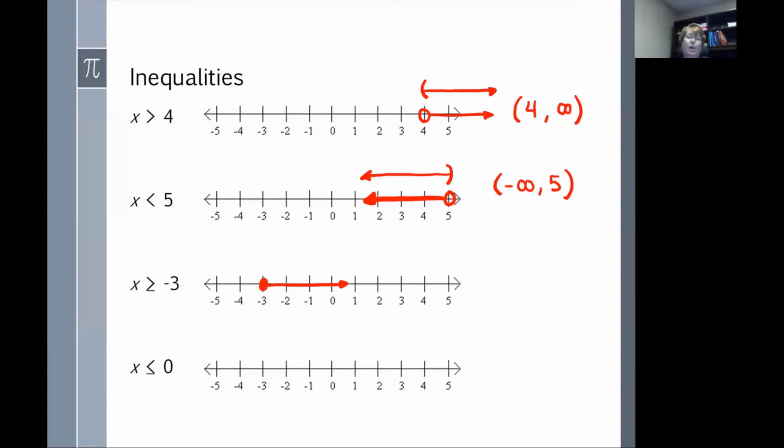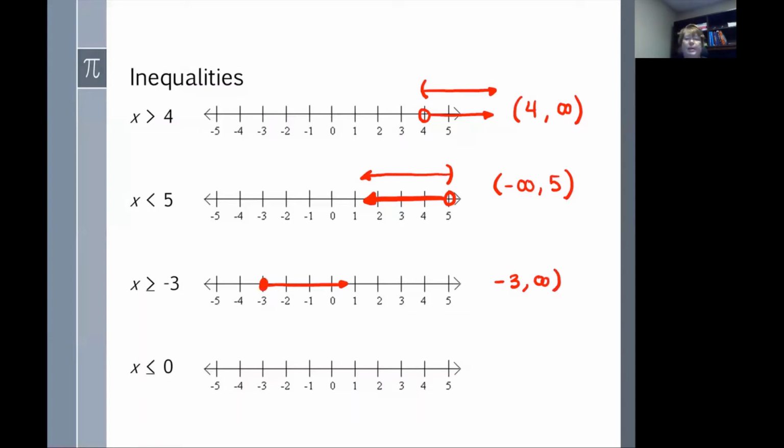Now, what does our interval notation look like? How would we write this as an interval? Well, this interval starts at negative 3, and it continues on to the right forever. So it's infinity. We always use a parenthesis next to infinity because infinity is a concept, not a number.